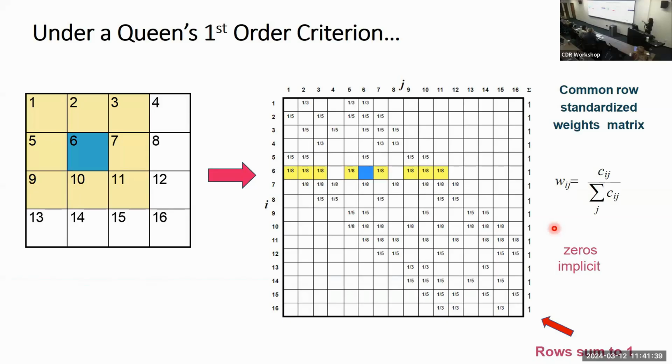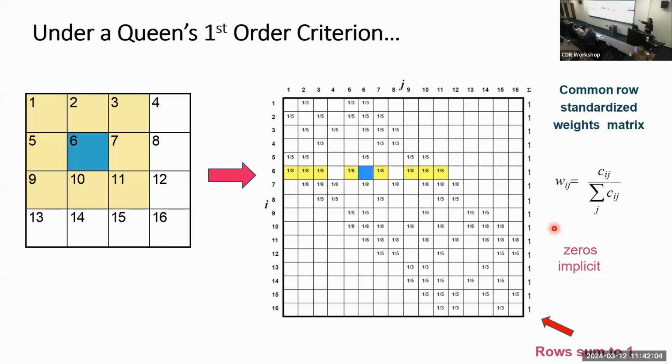Using my square-shaped metropolitan area right here with all 16 census tracts, if we look at the middle, neighborhood 6, we see that all the lines and vertices touching it identify neighbors of neighborhood 6. We'll do this for every single unit within the 16-unit grid.